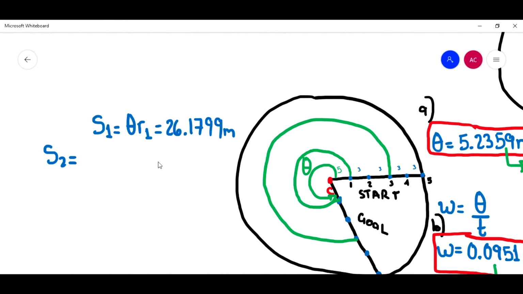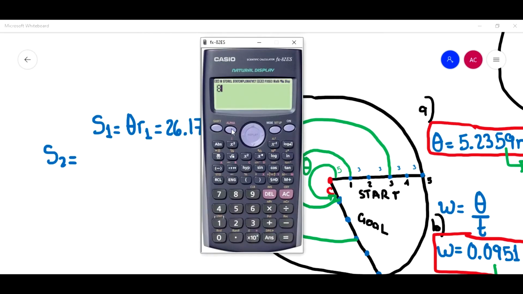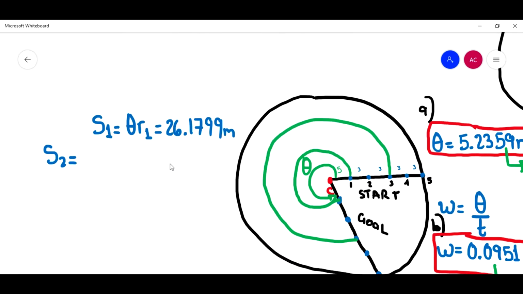The distance of the second cyclist is going to be 5 plus 3, so it's going to be 8A, because the first distance is 5 meters, plus the distance between the first cyclist and the second cyclist. That is 41.88 meters.